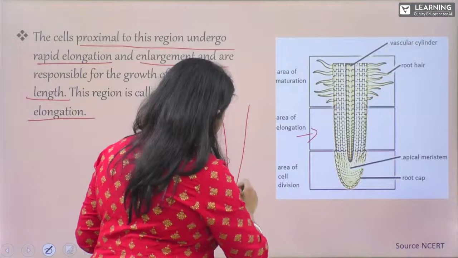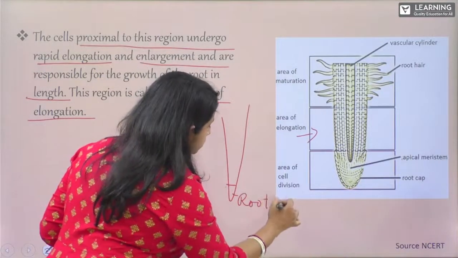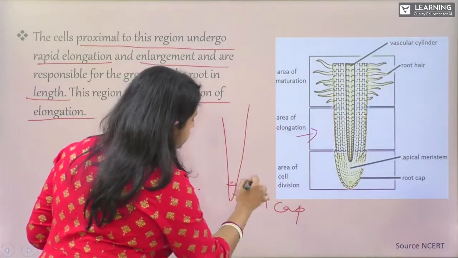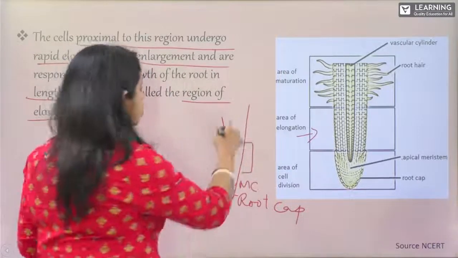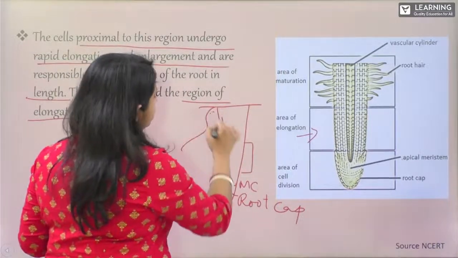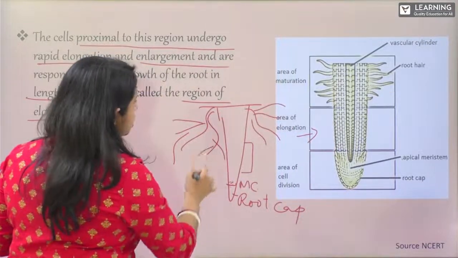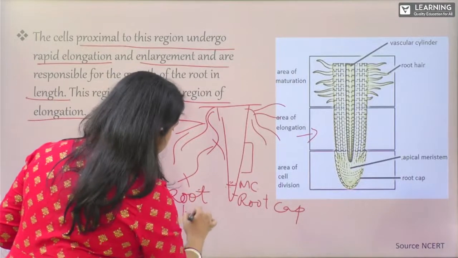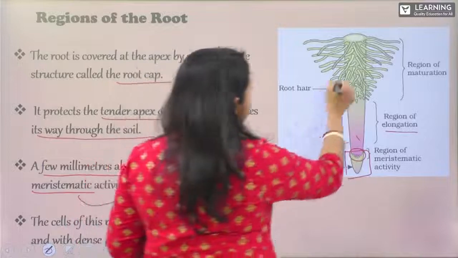Here this is your root cap, and here you see some meristematic cells. This area is your region of elongation, and from here you will see the root hairs.